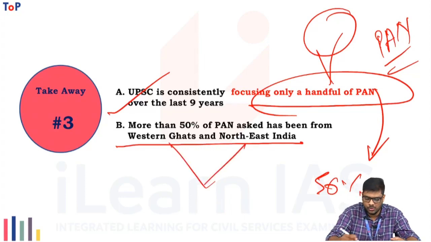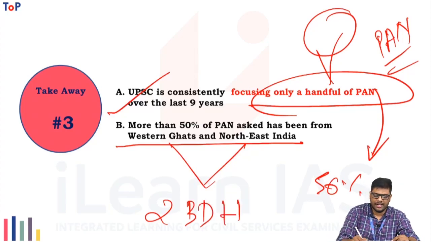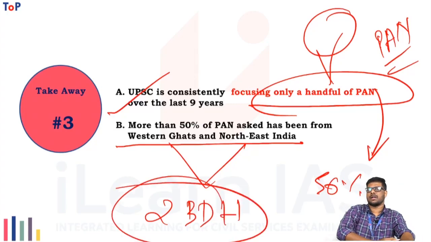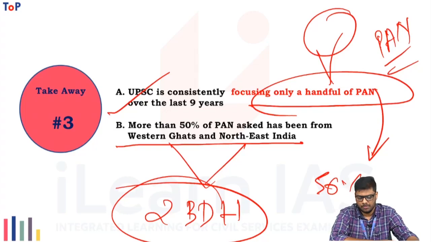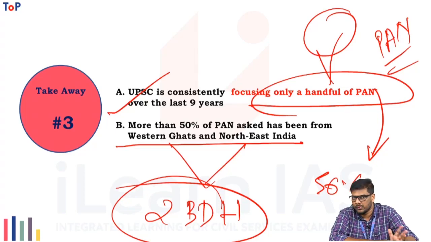These are our two biodiversity hotspots. You can find n number of species and biodiversity here. So more biotic diversity means more protected areas, more questions. Simply, that's the logic. So this is my takeaway number 3. Getting it? And what is my next duty? To prove it, using previous year examples.